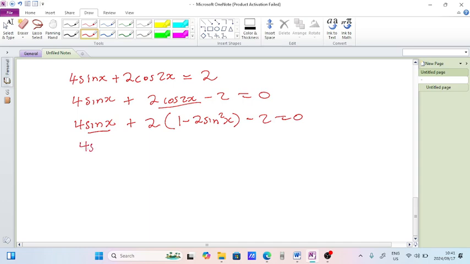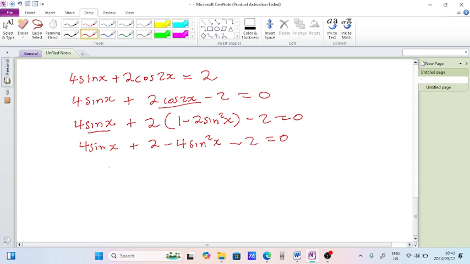Now 4 sine x. Now let's multiply. Plus 2 minus 4 sine squared x minus 2 equals to 0. I want to also move plus 1 again.